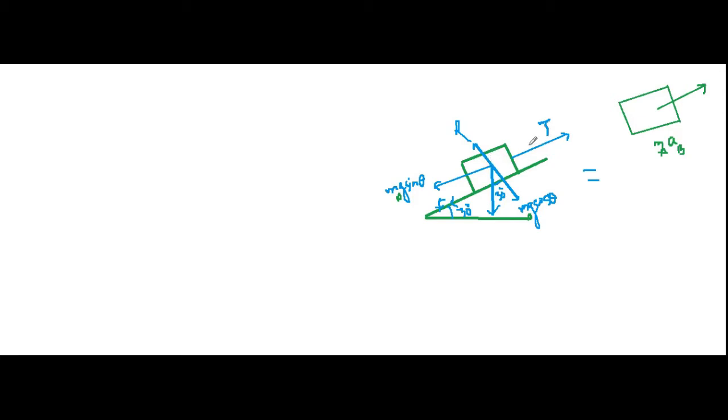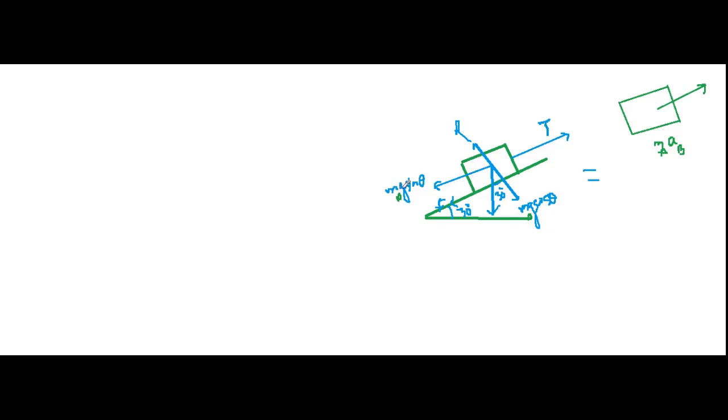So the tension will be acting upward, away from block A. Likewise, this angle is 30 degrees, and if we resolve this, then along this direction the component comes out to be mg cos theta.